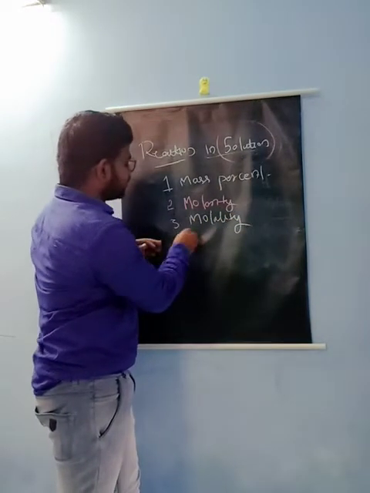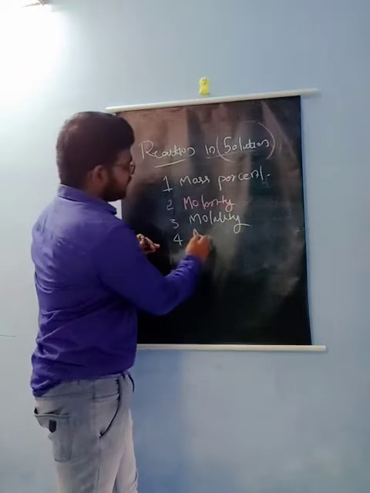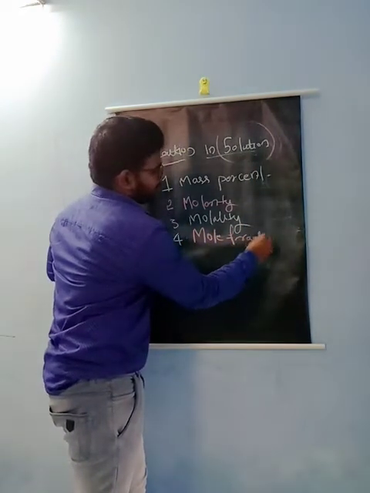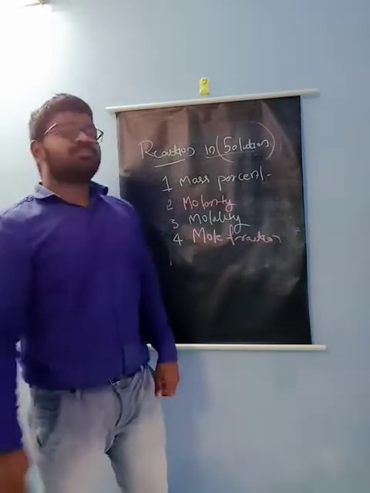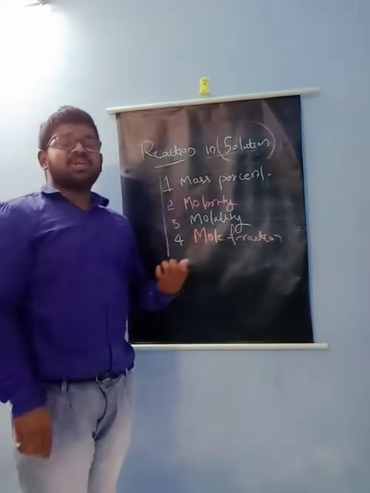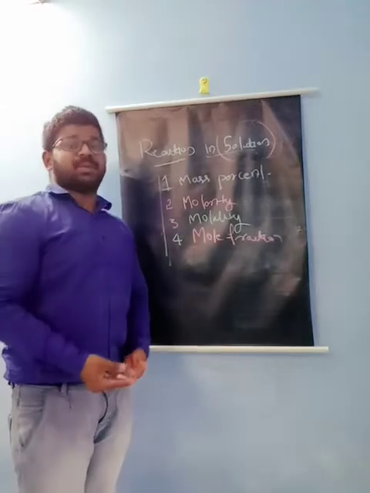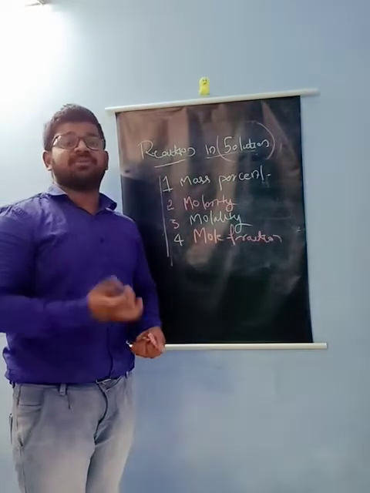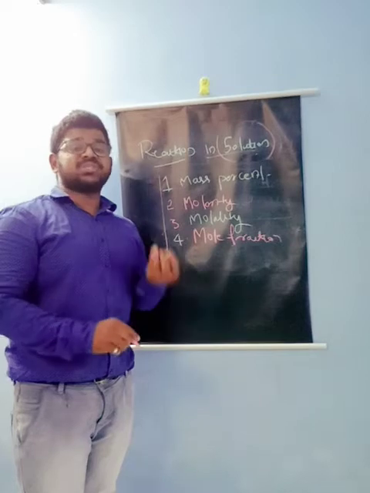And the fourth one is mole fraction. So what are these four terminologies? These four terminologies were introduced to express the amount of substance present in a particular volume or the concentration of a solution.